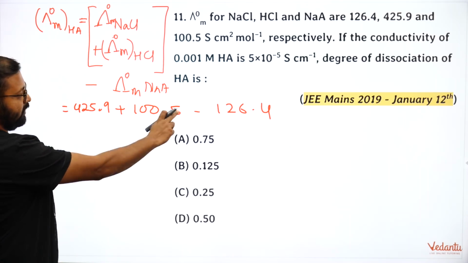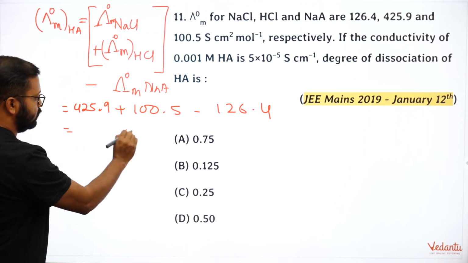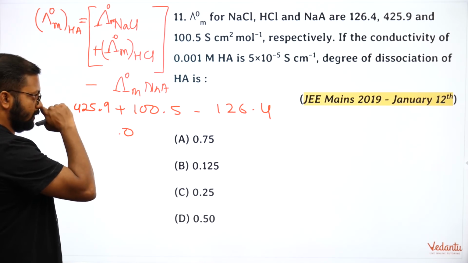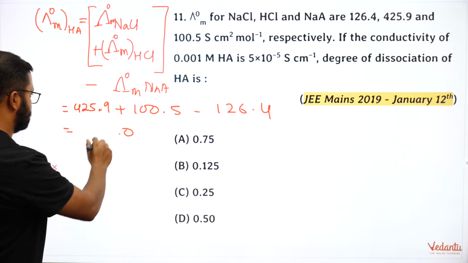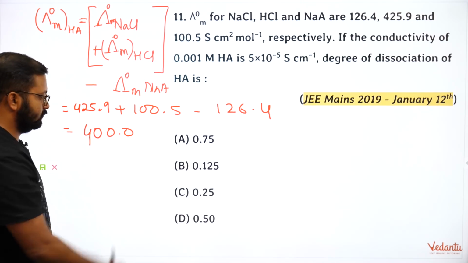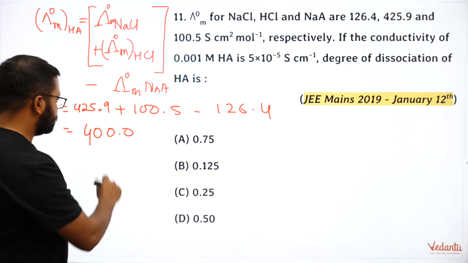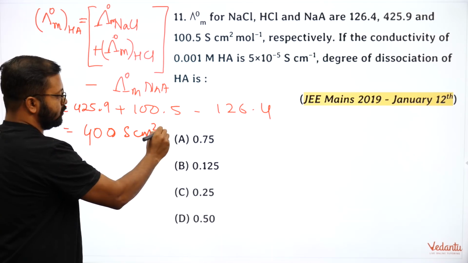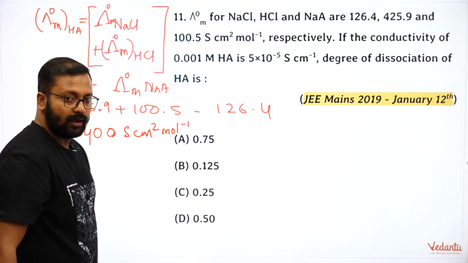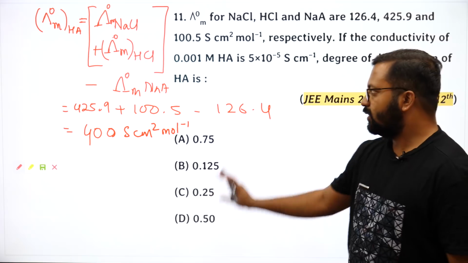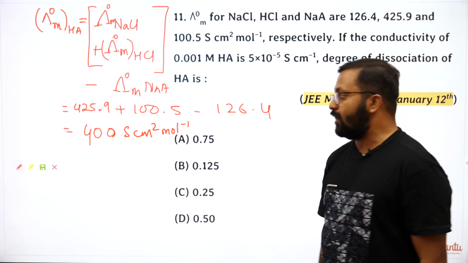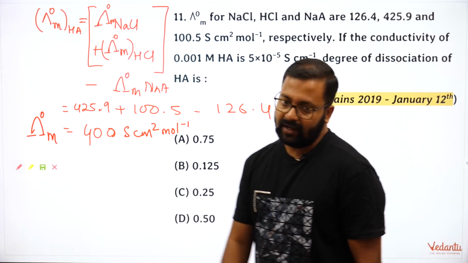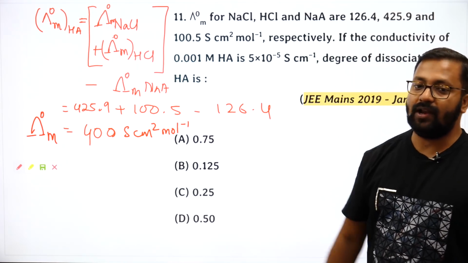If I solve this, 425.9 plus 100.5 is 526.4, minus 126.4 gives 400 Siemens centimeter square mole inverse. I'll get this value at infinite dilution. This should be the value of molar conductivity at infinite dilution.